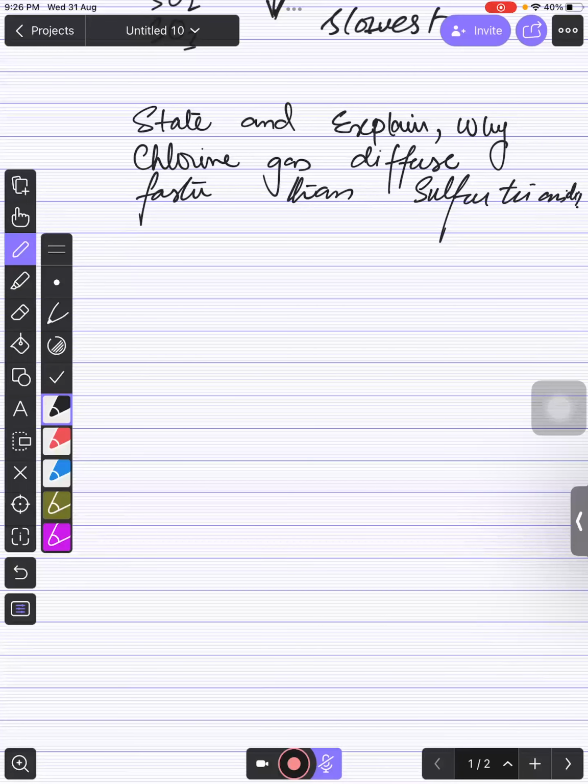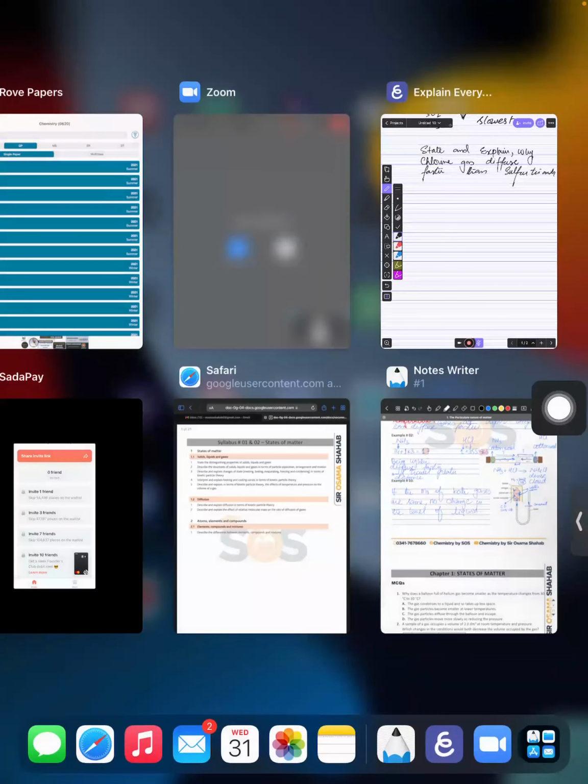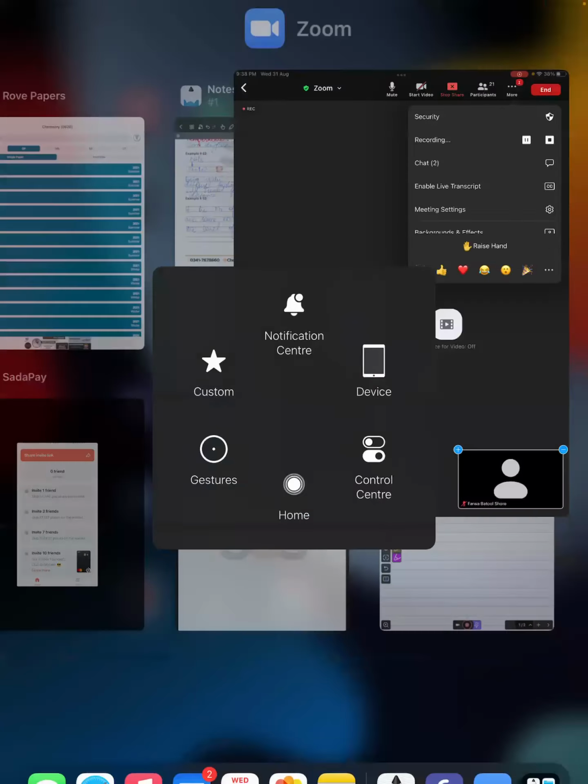So you need to solve this and send me the answers. You need to state and explain. It is for 2 marks, so you need to give a reason as well, right? Solve it quickly and send it to me.